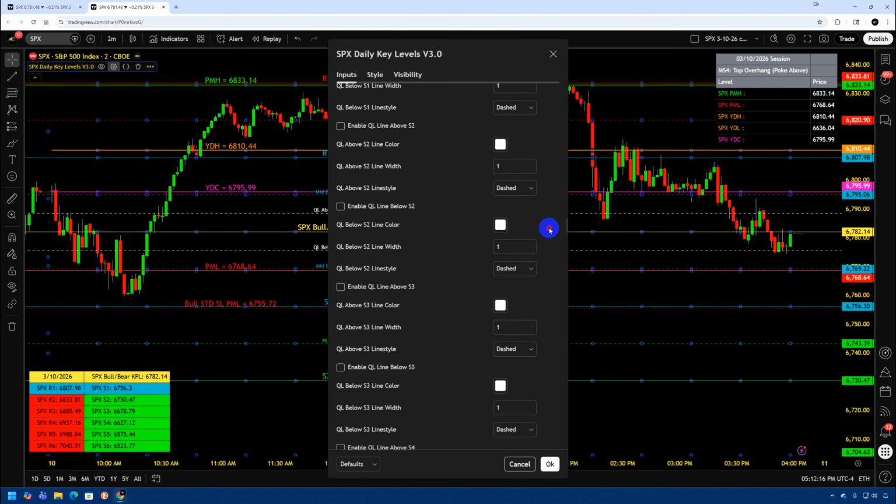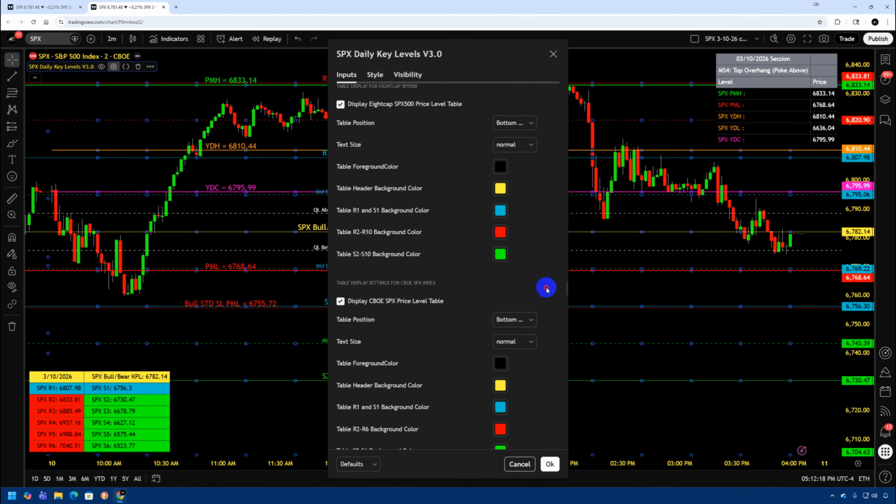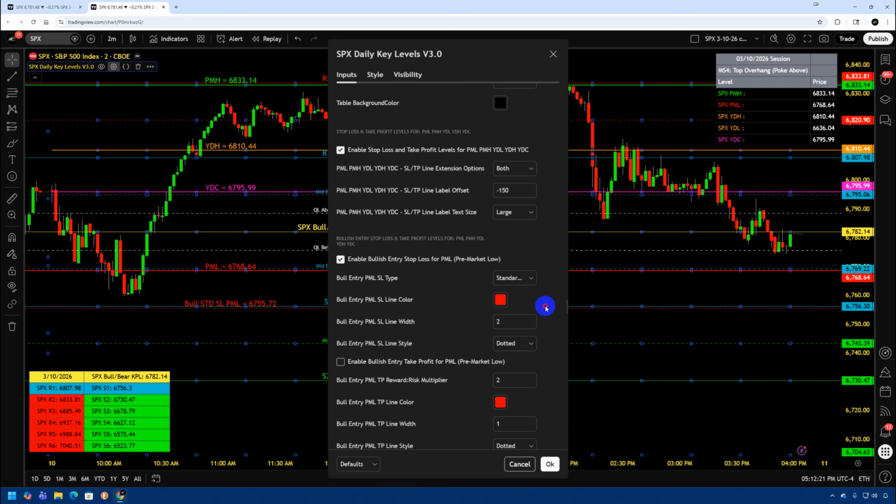So you just go into the user control panel, you go down to the trade section for those particular levels, which is right here, enable stop loss and take profit levels. You don't have to use the take profit levels for a specific take profit level. You can instead use the key levels given by the indicator to guide you through, especially if you're going to be doing a regular trade like we're doing today, where we're going to manage the trade level to level and try to capture a bigger move.